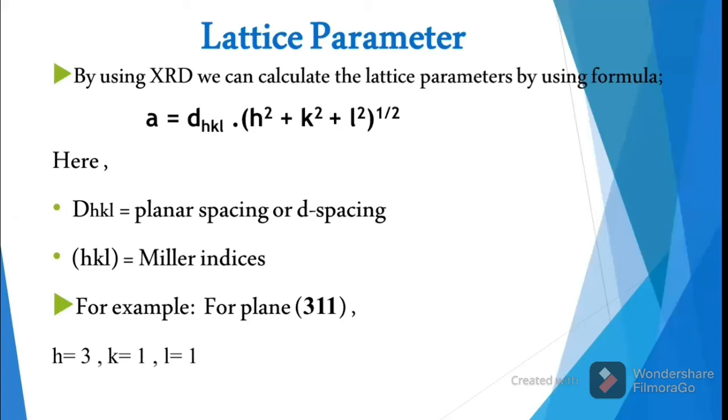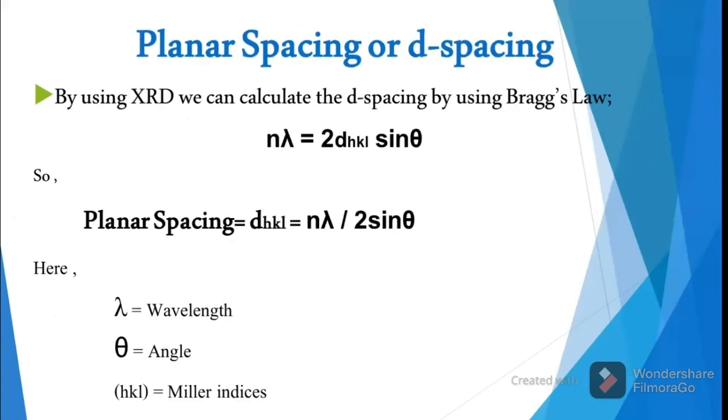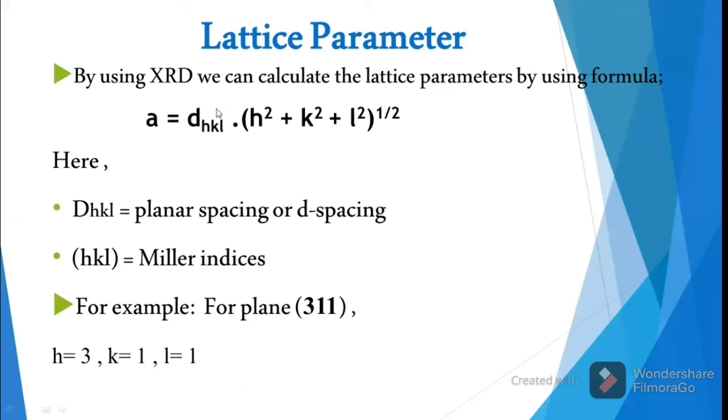And the d spacing, we can calculate very easily from the previous formula. Here you can see these values will be used in this formula, and we know the HKL parameters, and by substituting their values we can get A, that is the lattice parameter for the cubic structure.